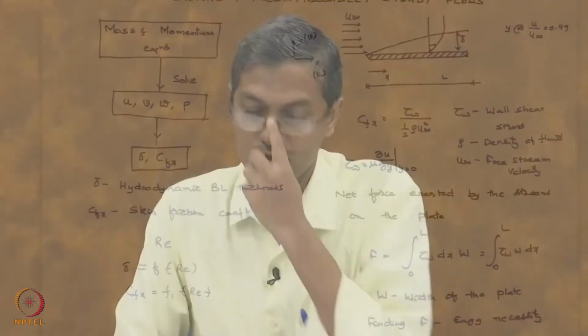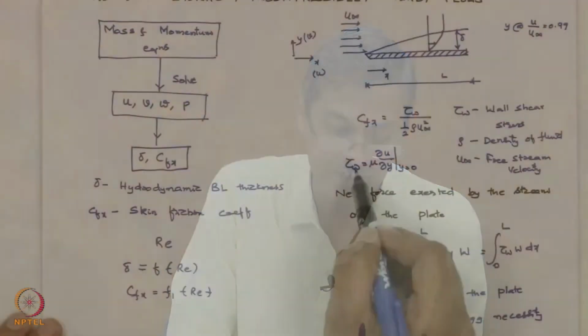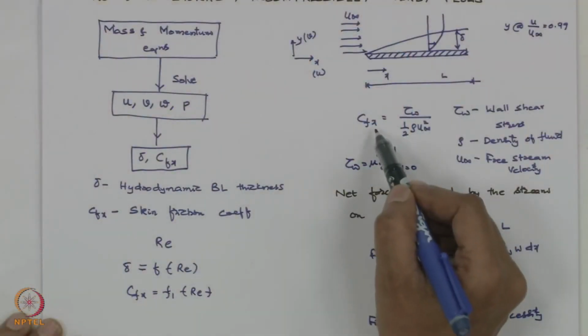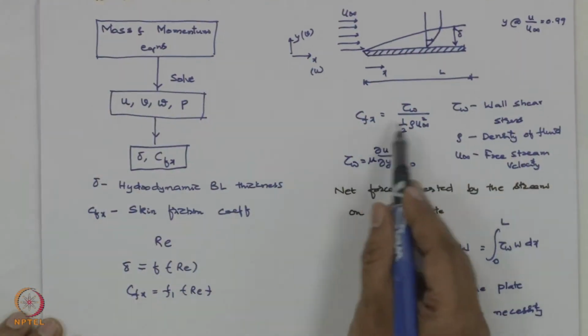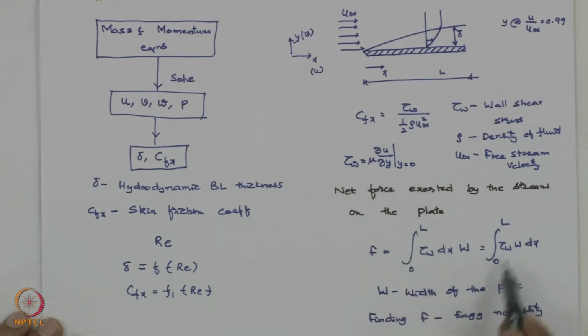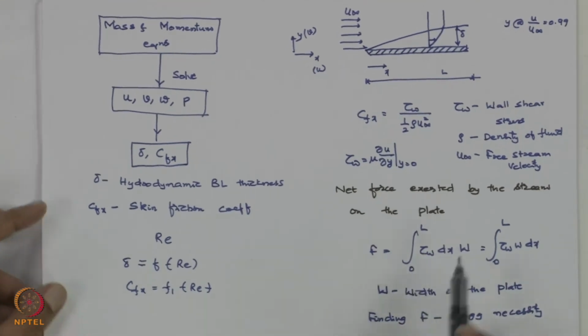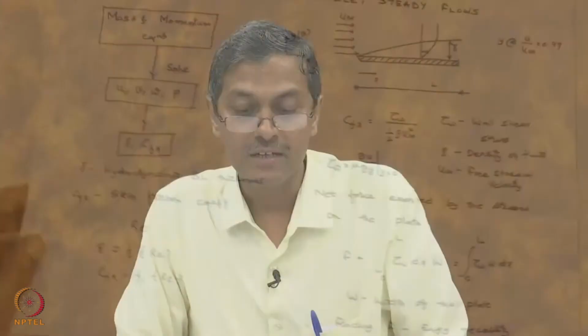So you need velocity gradients, which means you need velocity distributions, from which you get the shear stress and Cfx. From tau wall, if you integrate, you get the net force exerted by the stream on the plate. This engineering necessity is what drives us to solve the mass and momentum equations.